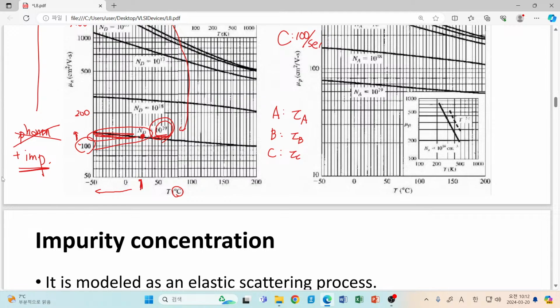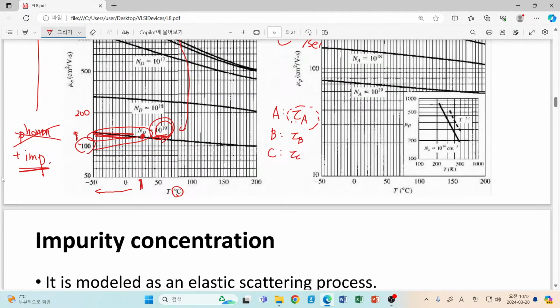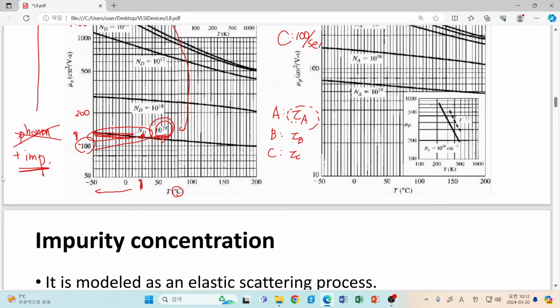The one having the shortest time scale will be the dominant one. So what we do is, instead of summing them all, because when we just sum them all, actually A, which has the longest time constant, will dominate.